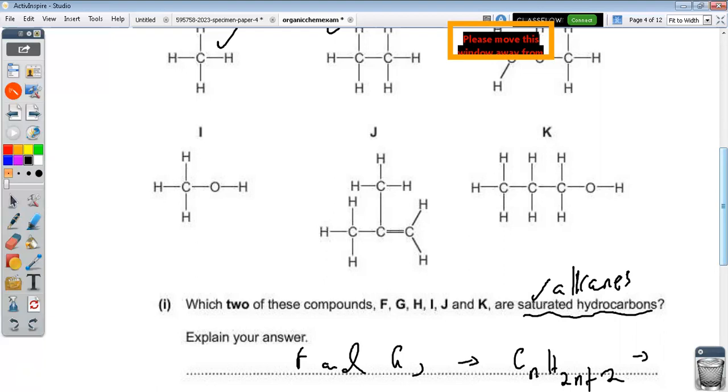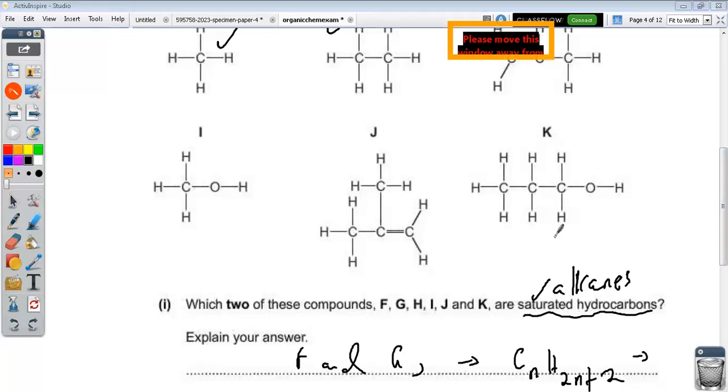You're still thinking. Says J, sir. Between J and K, you're saying J is not a hydrocarbon. What do you think? Which one is not a hydrocarbon? K is not a hydrocarbon there. Which one? K. What's the reason?